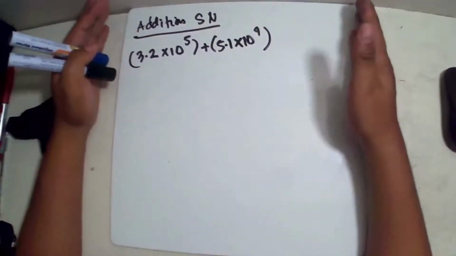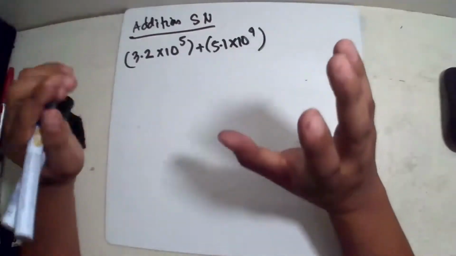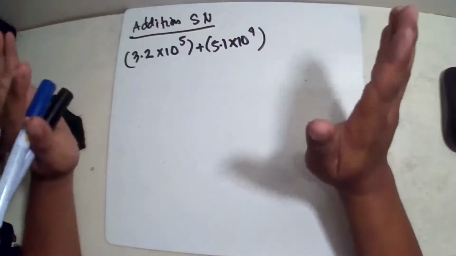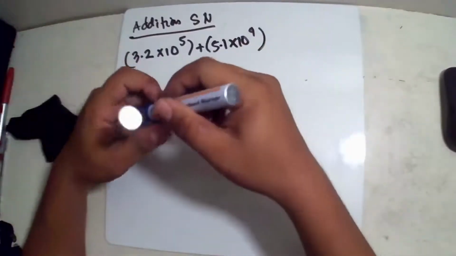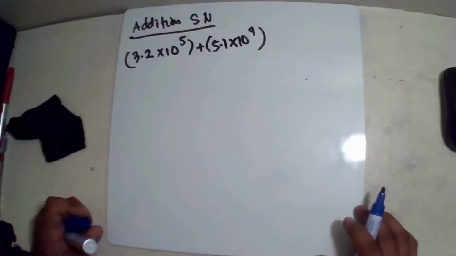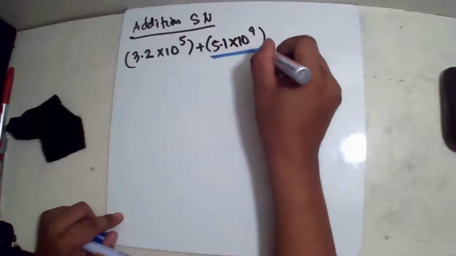But to do that, all you need to manipulate is the given number that has a smaller exponent. In this case, the smaller exponent is obviously the second expression here.